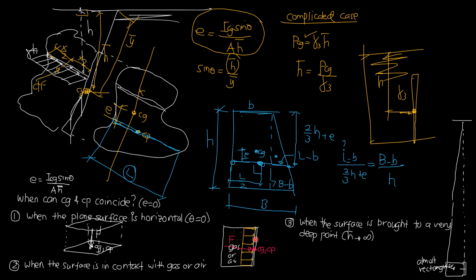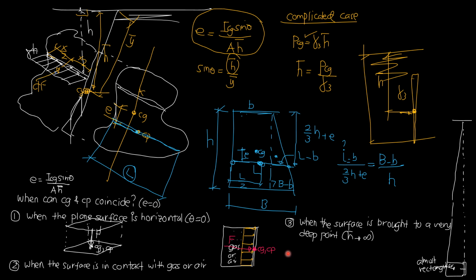So the pressure diagram is rectangular. Therefore, F acts at CG and it also acts at CP. The centroid of this rectangular pressure diagram is also CP. There's no E here. So it is 0 because the pressure diagram is rectangular. The centroid is at half of the height. So that's the second way.